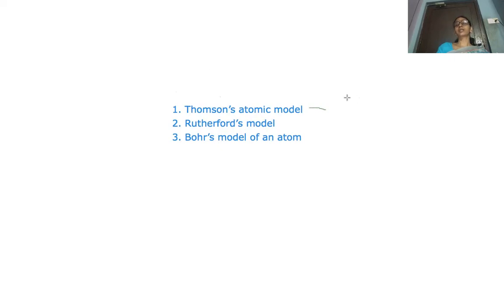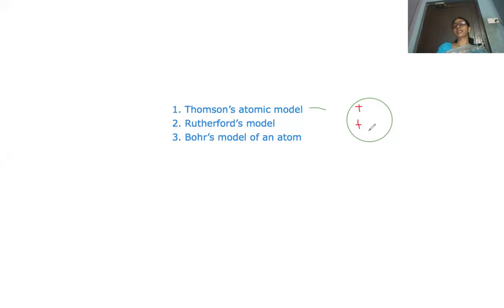He said that if we assume this is an atom, the positive charge is dispersed inside the atom. Let me put this positive charge in red, because this model is also called the watermelon model. He compared the positive charge to the pulp inside a watermelon.